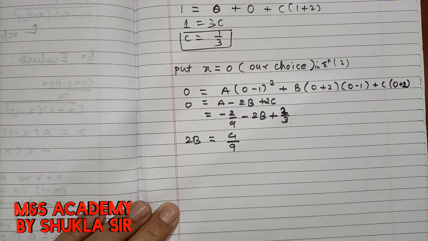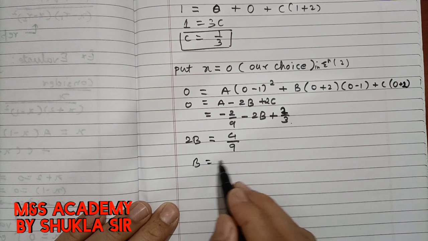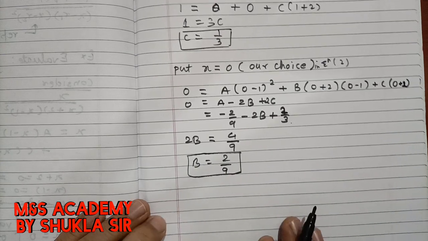This is 4 by 9. The 2 gets cancelled, so b is equal to 2 by 9. This is the value of b.